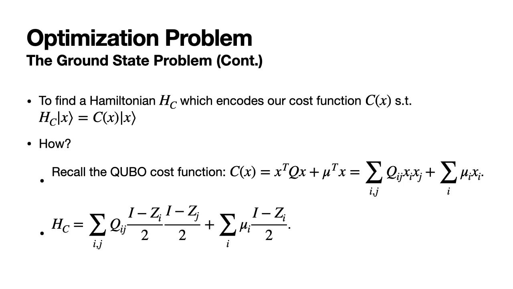This complicated-looking Hc has a very special property. Its eigenvalues correspond exactly to the possible values that the original cost function c of x can take over the binary strings x.